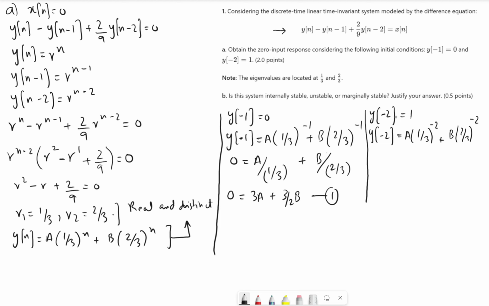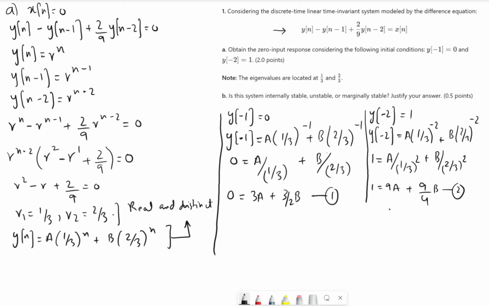So 1 is equal to a, this term goes into the denominator, squared, plus b, this term goes into the denominator, squared. Now 1 by 3 squared is 1 by 9, and 9 goes into the numerator. So 9a plus 9 by 4b.